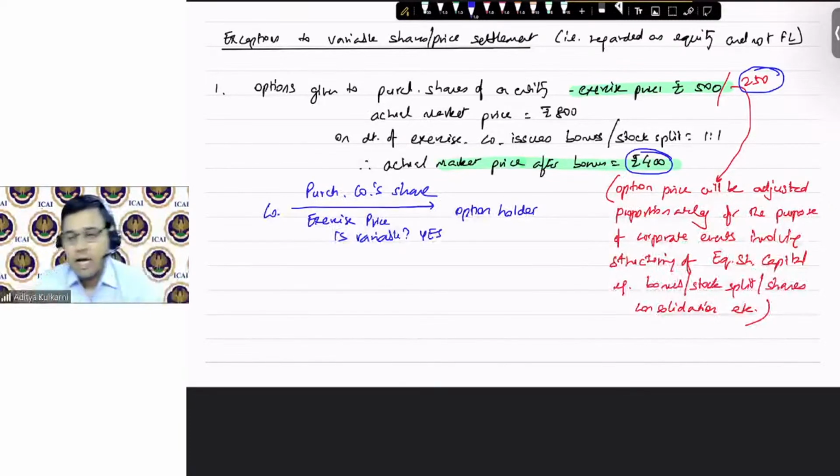Yes. So now, can you say that the fixed for fixed test is not met in this case? Answer is yes. But sir, the variability is given only of a protective nature. That means it is only to protect in selected events which are within the control of the entity. A corporate restructuring of capital is within the control of the entity.